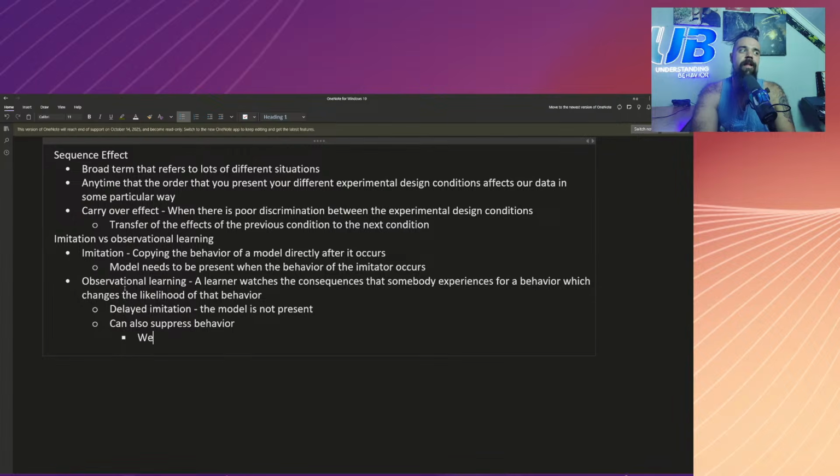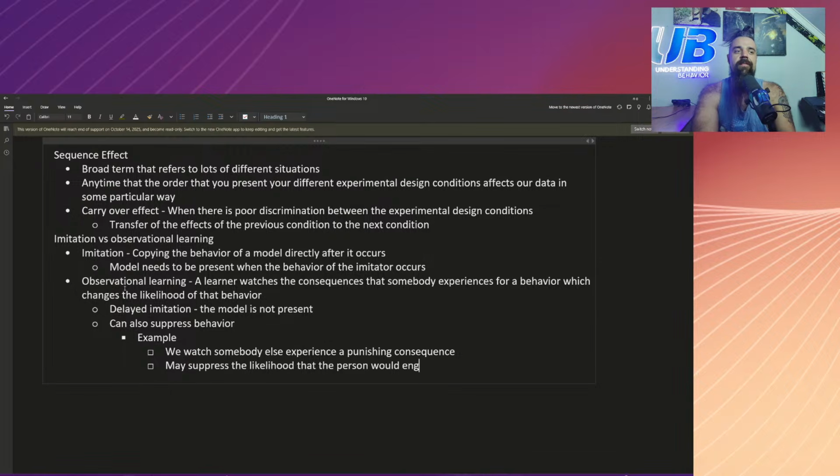Let's say we watch somebody else experience a punishing consequence. This may suppress the likelihood that the person would engage in that behavior in the future.